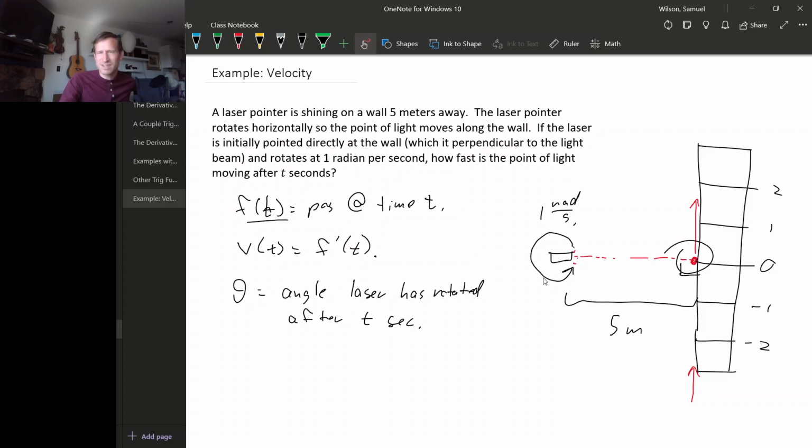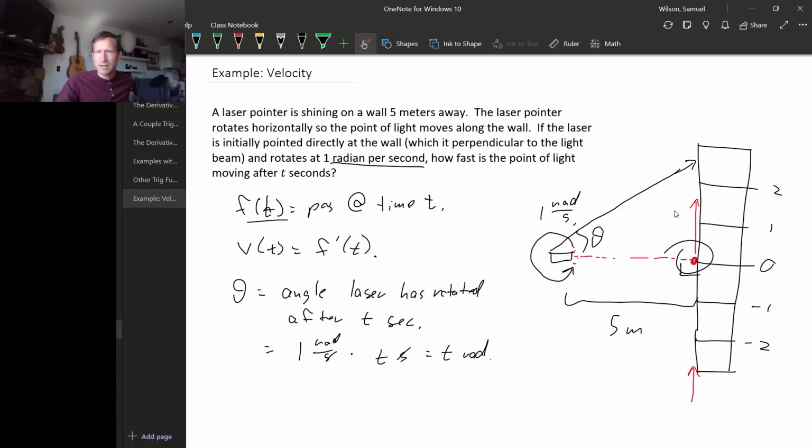Since this laser pointer is rotating at 1 radian per second, this is just going to be 1 radian per second times t seconds, right? The seconds units cancel, and you just get t radians. So after t seconds, this laser pointer has rotated, so it's pointing up this way, and it's rotated this amount theta. And theta is really just t radians.